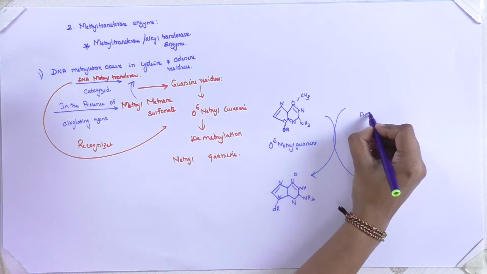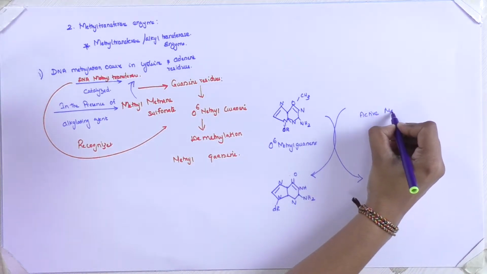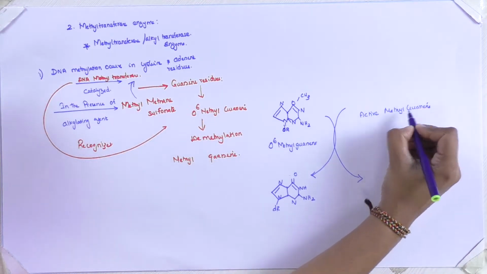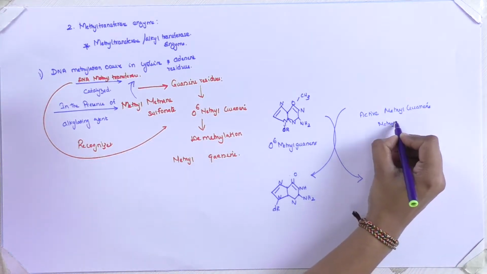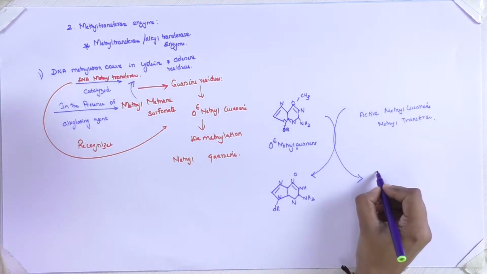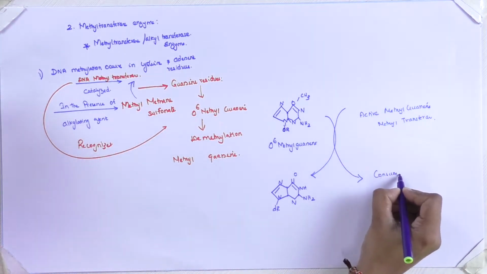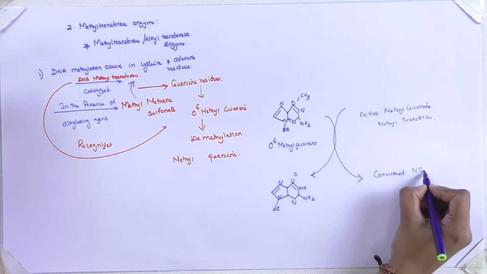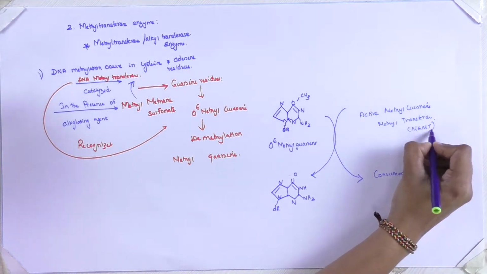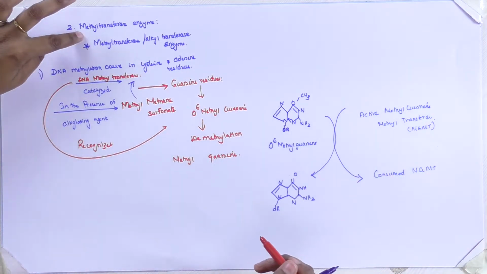That is active methyl guanine methyl transferase, MGMT, which is consumed by the reaction. So methyl transferase enzyme is also known as alkyl transferase enzyme.